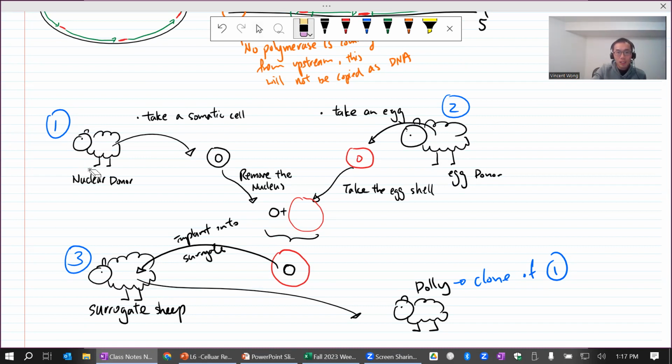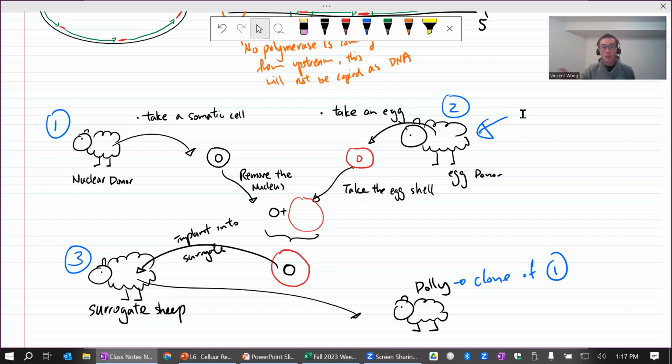Look, you took the nucleus from this sheep, and the nucleus is where you find the DNA, right? This egg donor over here only gave the eggshell with no genetic information in it. They removed the nucleus from the egg and replaced it with the nucleus from the nuclear donor. So all the genetic information is identical to the nuclear donor.